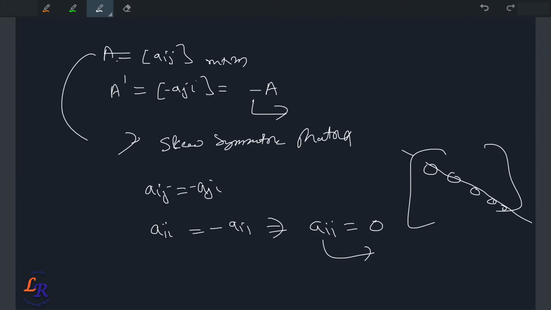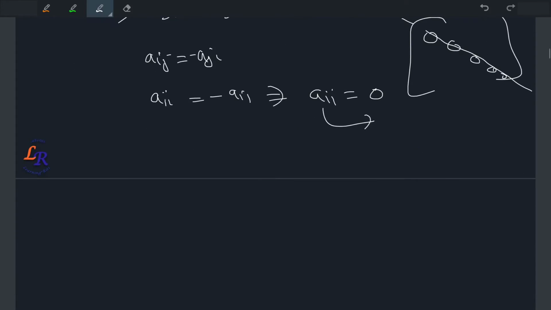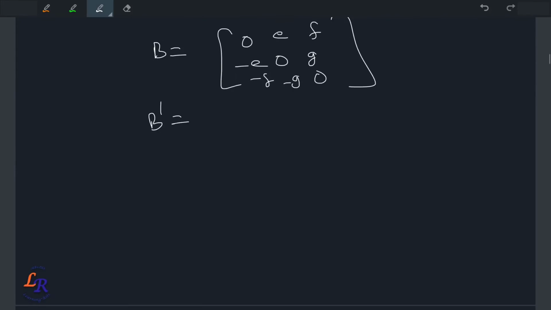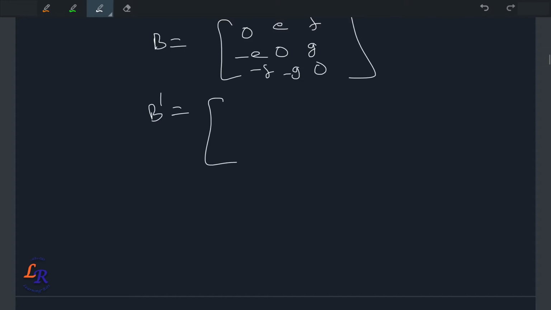Let's have a look at an example of a skew symmetric matrix. You would have a matrix B, and obviously all the diagonal elements should be 0, like this. Now you take B dash, so you'll get 0, E, F; minus E, 0, G; minus F, minus G, 0.